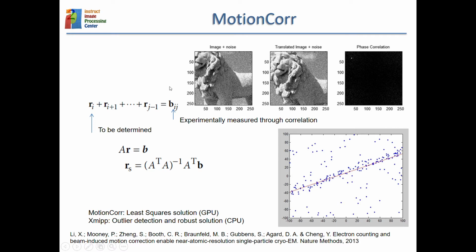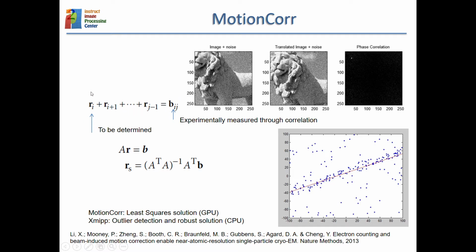And we can do that for every pair of frames, so that for frame i to frame j, we can compute what is the relative shift between i and i+1, and i+1 and i+2, and go on until frame j.